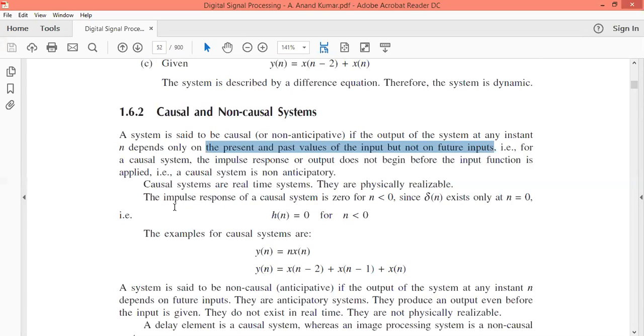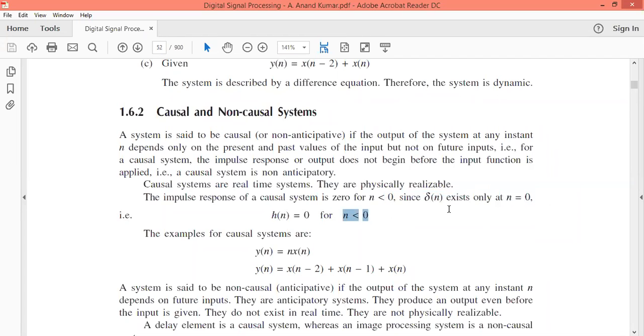The impulse response of a causal system is zero for n less than zero, since the impulse is applied at n equal to 0. So the output of the system will appear only after n equal to 0, so the impulse response h of n will be 0 for n less than 0.